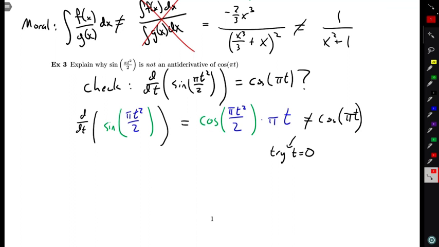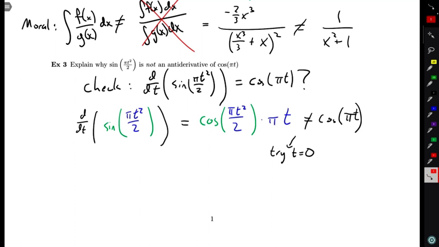So in the end, we see that we can't undo the chain rule by undoing each of the pieces. That moral is a little bit harder to write down, but the idea is that this process of integrating the inside and integrating the outside failed because the chain rule doesn't preserve inside and outside functions. It does something different to them.